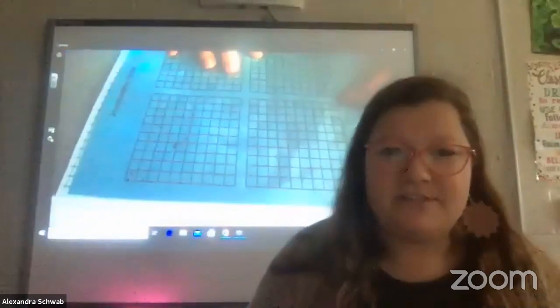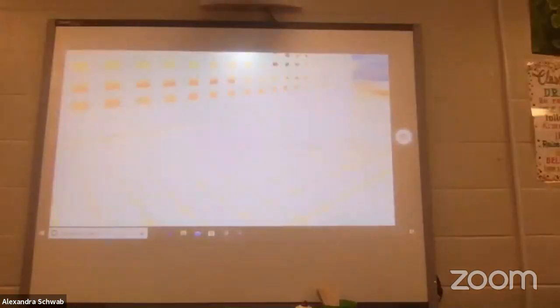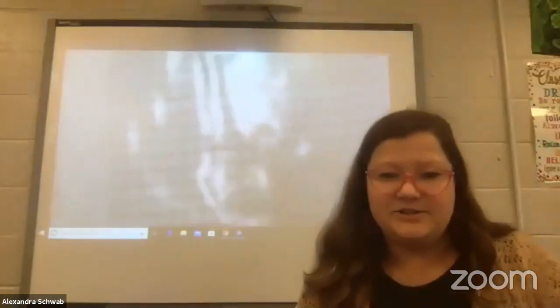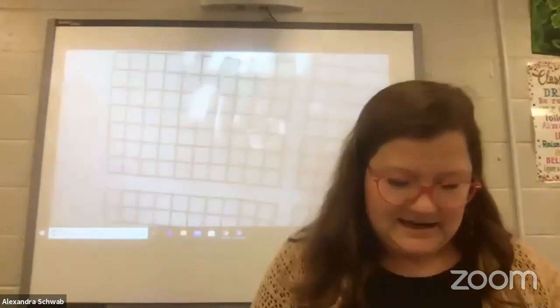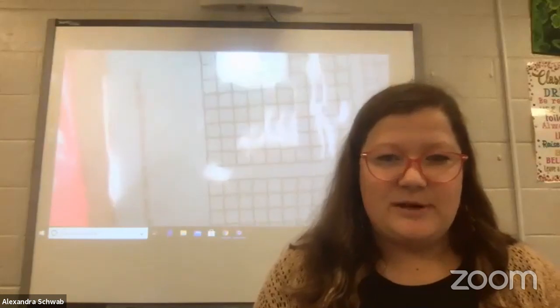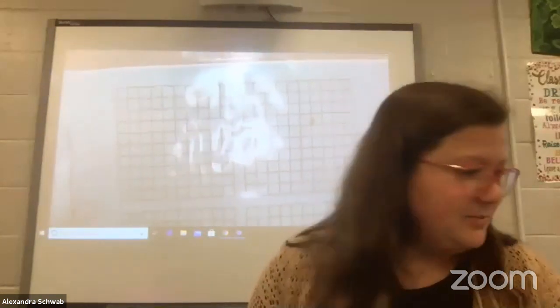Okay, so here I have a model of hundredths grids. It is too dark. Hang on. Okay, so I've got some hundredths grids here, and I am going to shade in these hundredths grids to represent this problem.